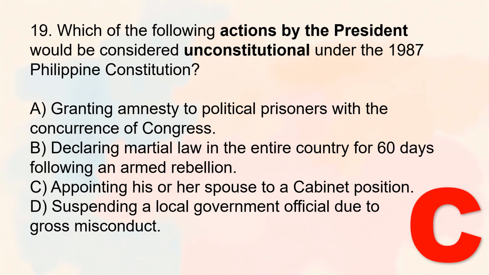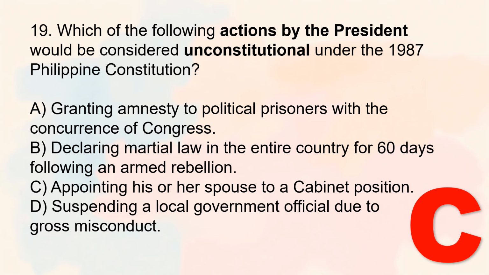Letter A is constitutional because the President has the power to grant amnesty, but it requires congressional approval. For letter B, this is allowed under the Constitution, provided Congress and the Supreme Court can review it. Like the President can declare martial law for 60 days following an armed rebellion.